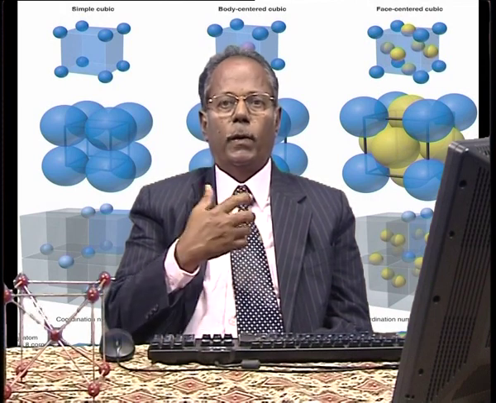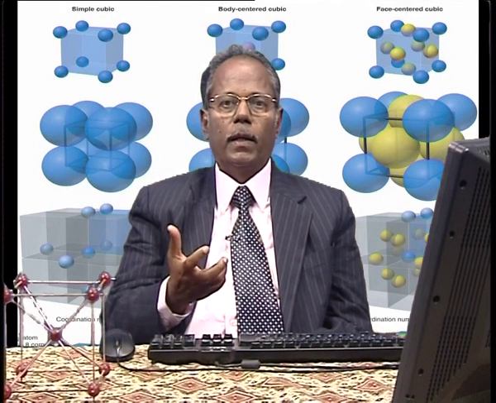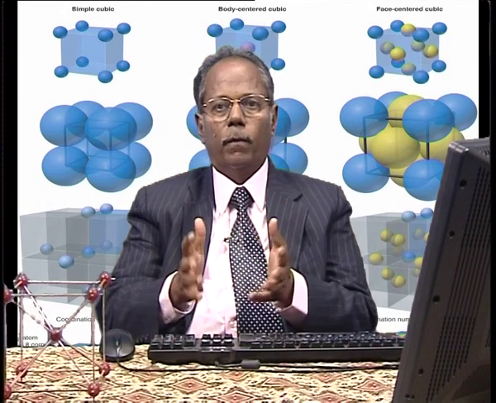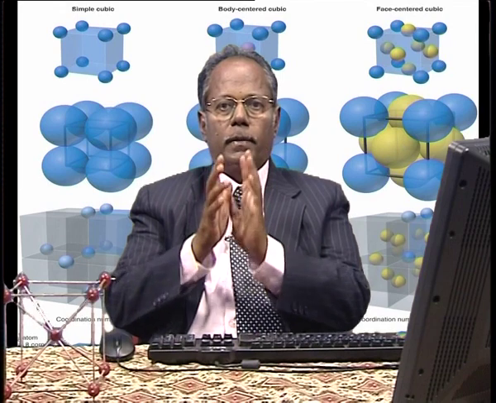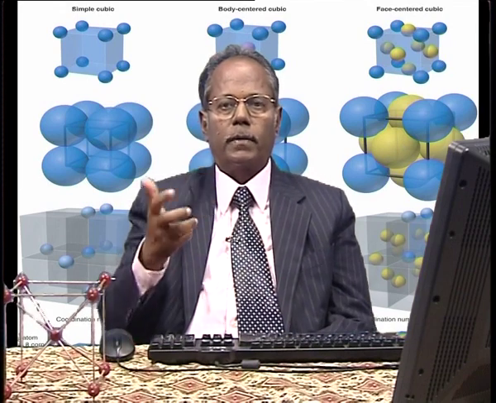You can even do a quantum mechanical theoretical calculation to determine the structure of a solid. Given a solid, what is the structure in which it should be crystallizing? You know 14 types of crystal structures.